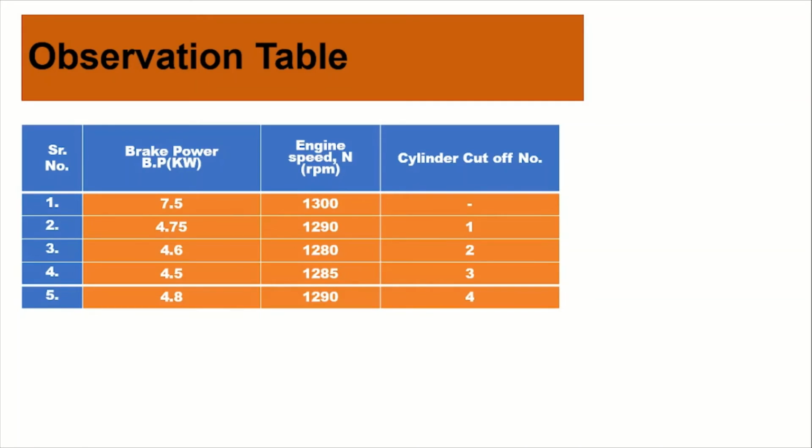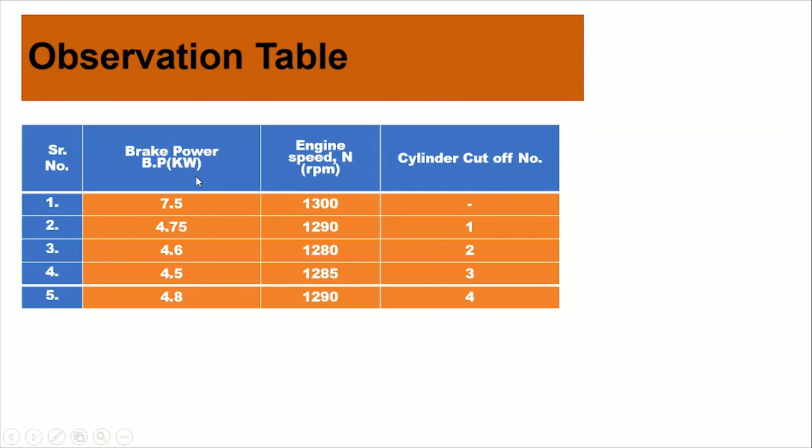After the experiment, here is the observation table of brake power, engine speed and cylinder cutoff. When all cylinders are running, our brake power is 7.5 kilowatt and engine speed is 1300 rpm. When the first cylinder is cut off, the brake power is 4.75 kilowatt and engine speed is 1290 rpm.